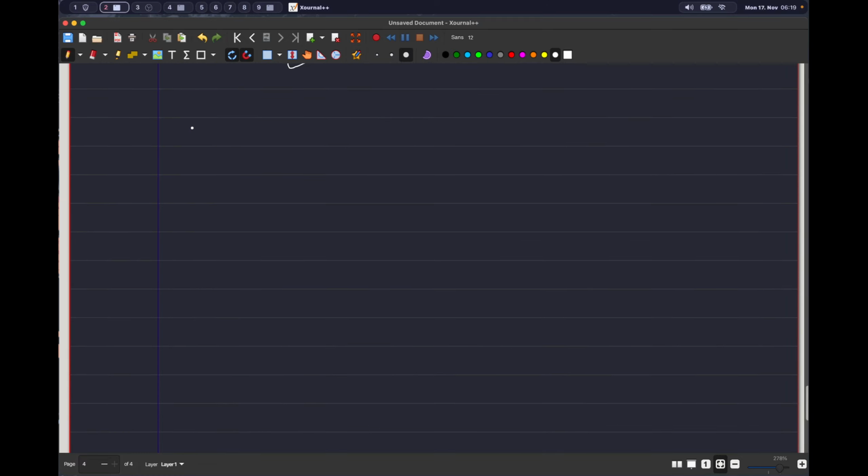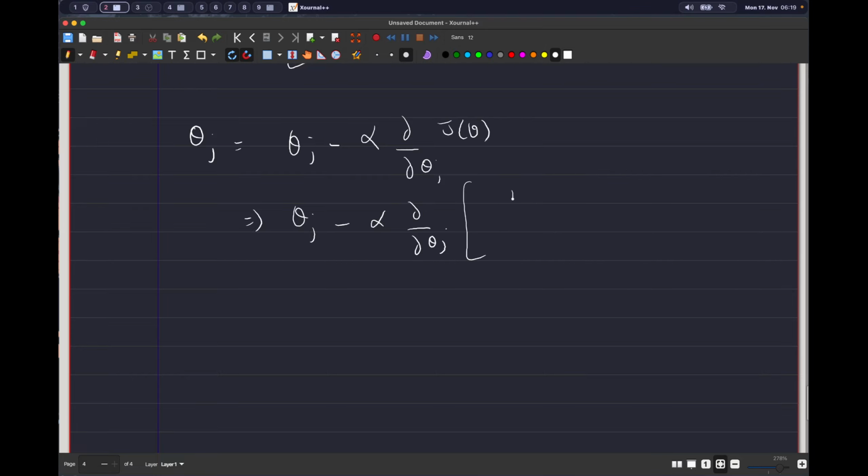Let's move on. The update rule was theta j equals theta j minus alpha times the partial differentiation of the loss function. If we write it, theta j minus alpha times del by del theta j of our loss function, which was half of, let's use only one training sample for now, half of (h theta x minus y) whole squared.